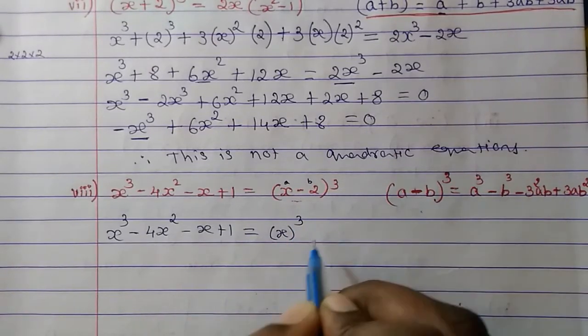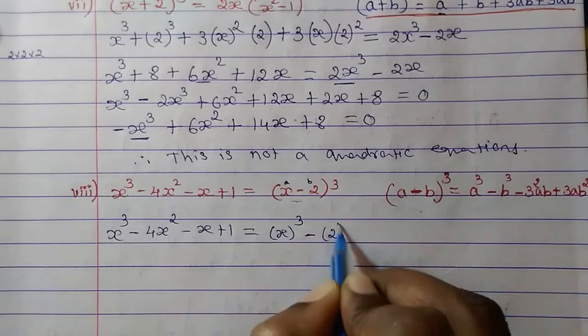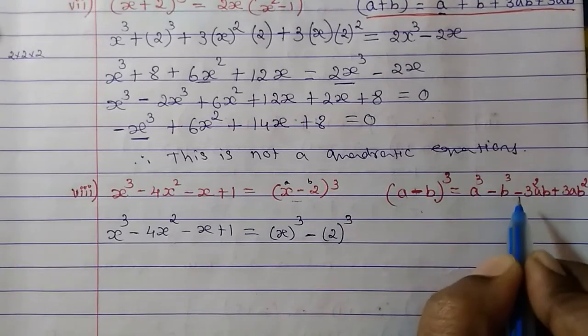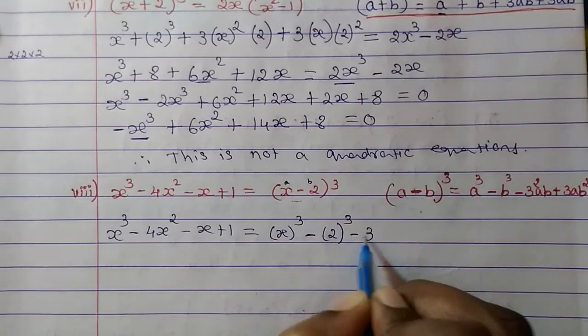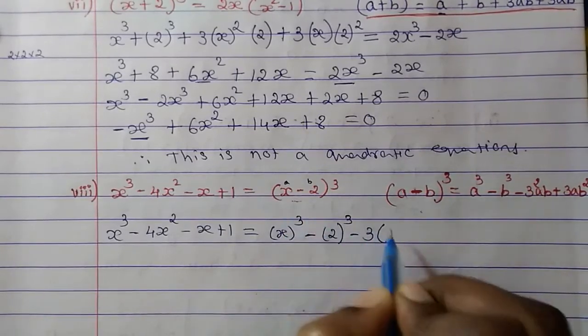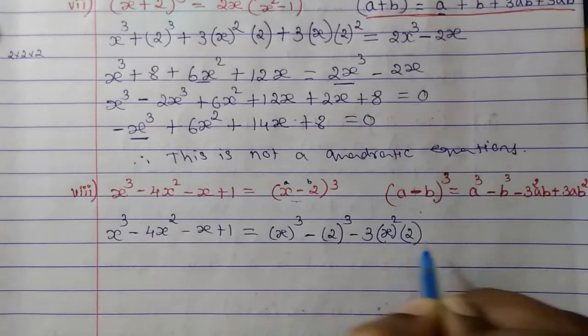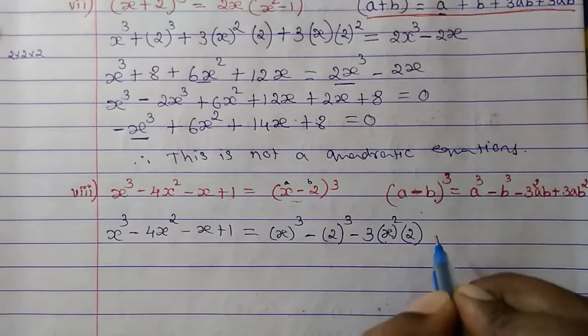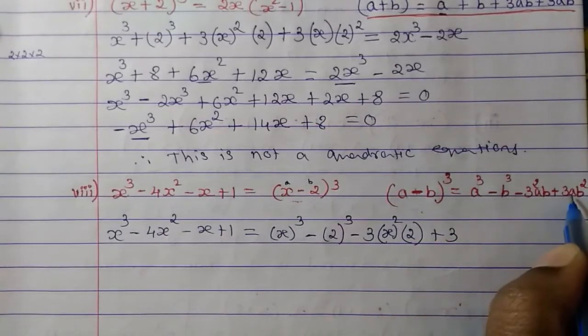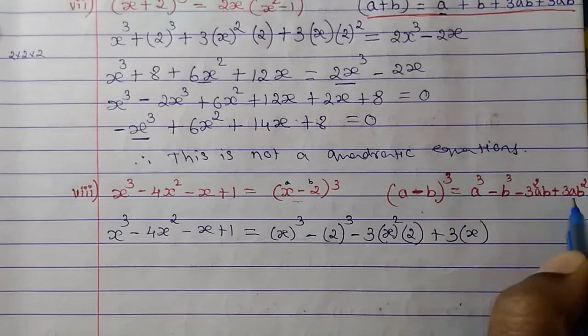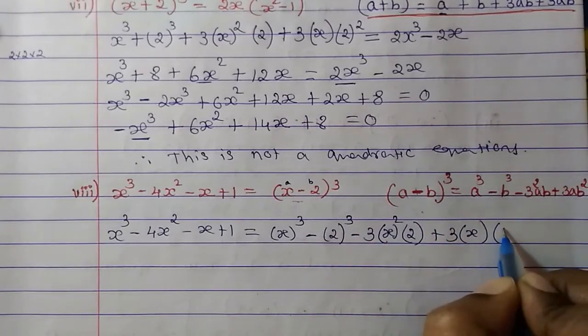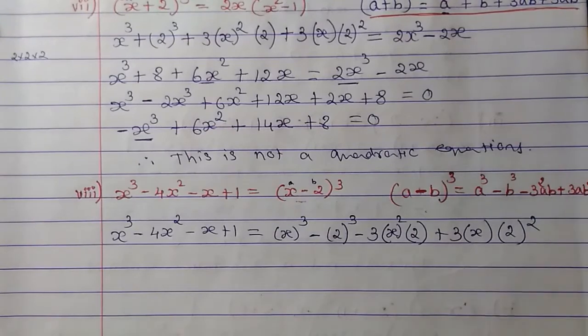Then minus b is 2 here and cube. Then we have minus 3 a square, a is here x, so square. Then we have b, that is 2. Then you have plus 3, a is x and b is 2 and square.